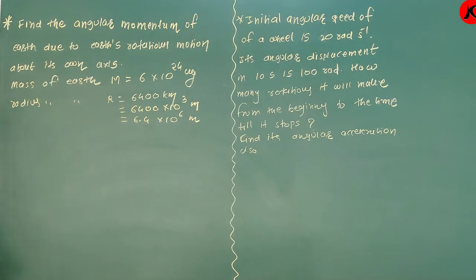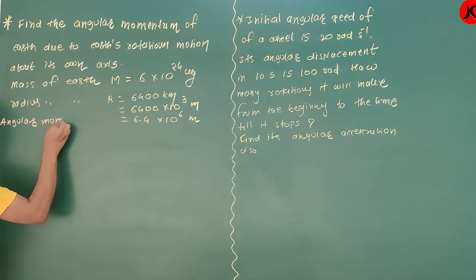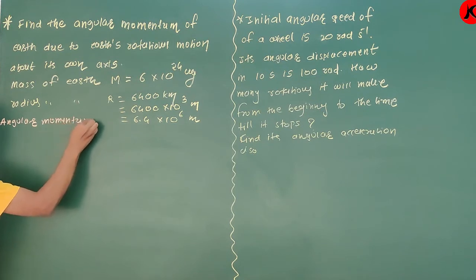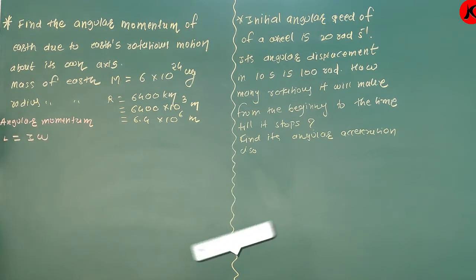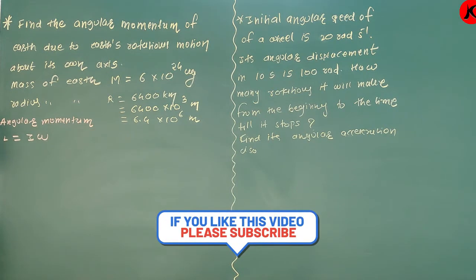Now you have to find the angular momentum L. Its equation is L is equal to I omega. So you have to find what is I, that is the moment of inertia, and what is omega.